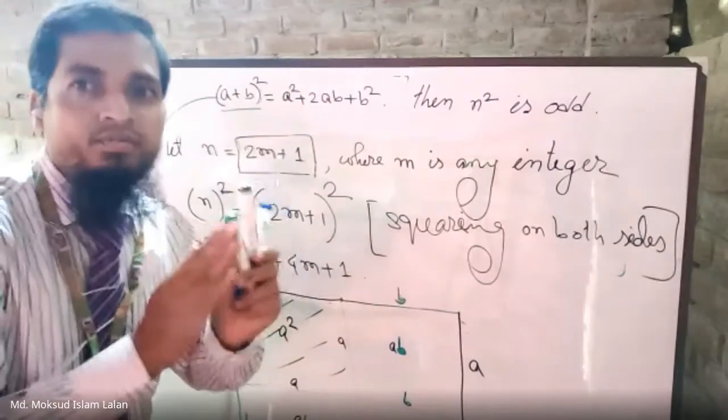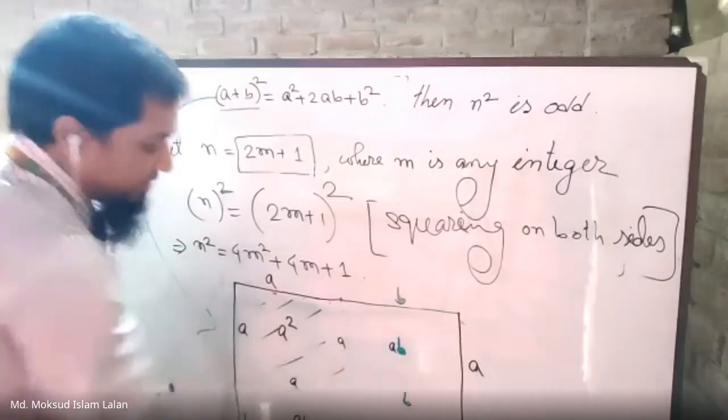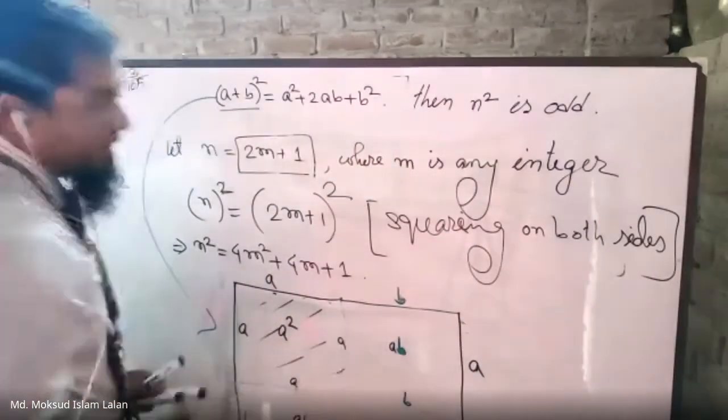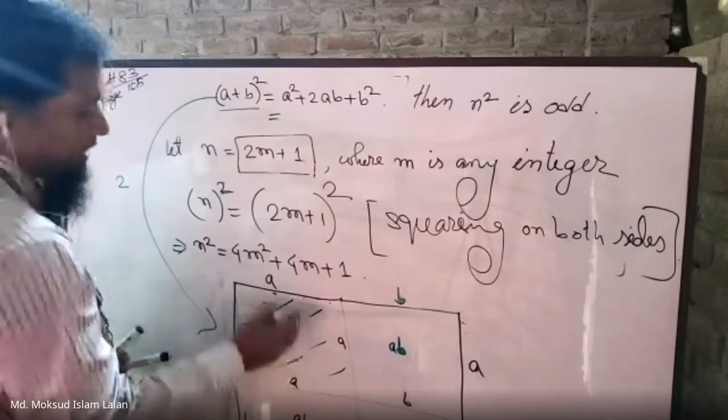Yes, sir. Now we have decomposed it. We have fractioned it, right? This part, this part, this part. So how many part here? 4 part, right? Yes, sir. Now I am clear, sir. So if you add, so here A square, so you can write A square. Oh, it is black.